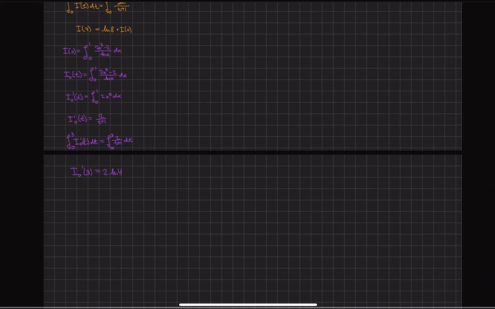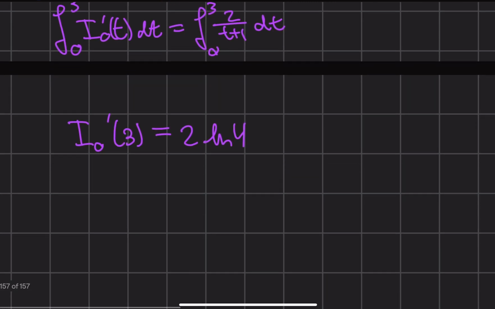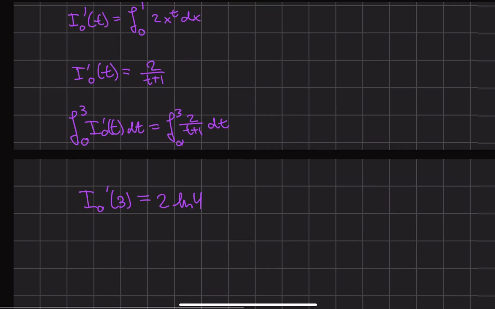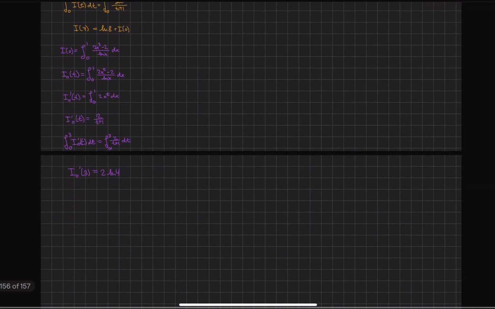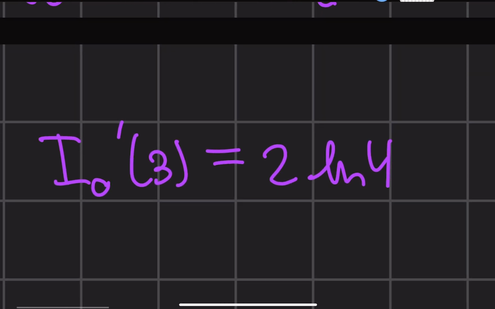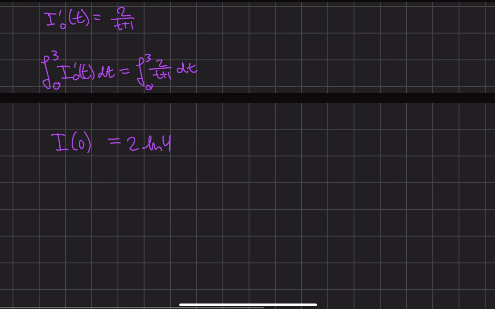All right, cool. So now we know what I naught of 3 is. Recall I naught of 3 was just I naught, so let's replace it and make the substitution.